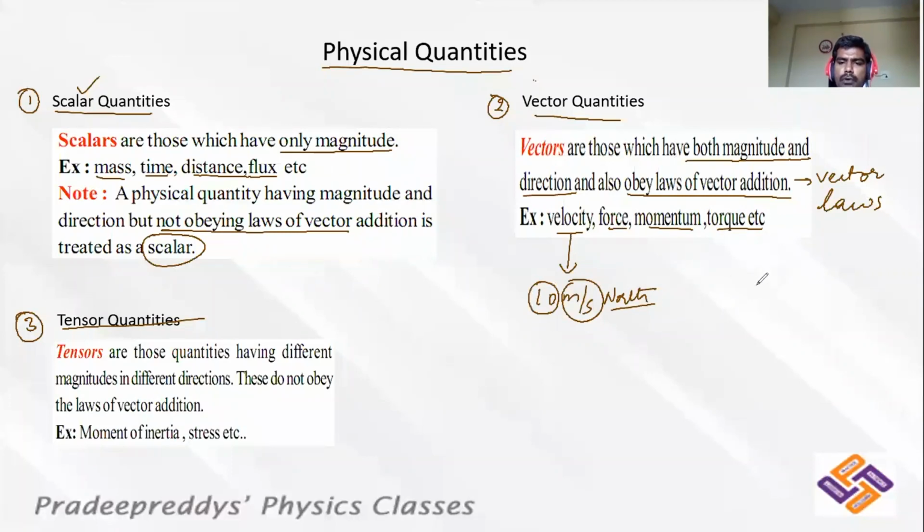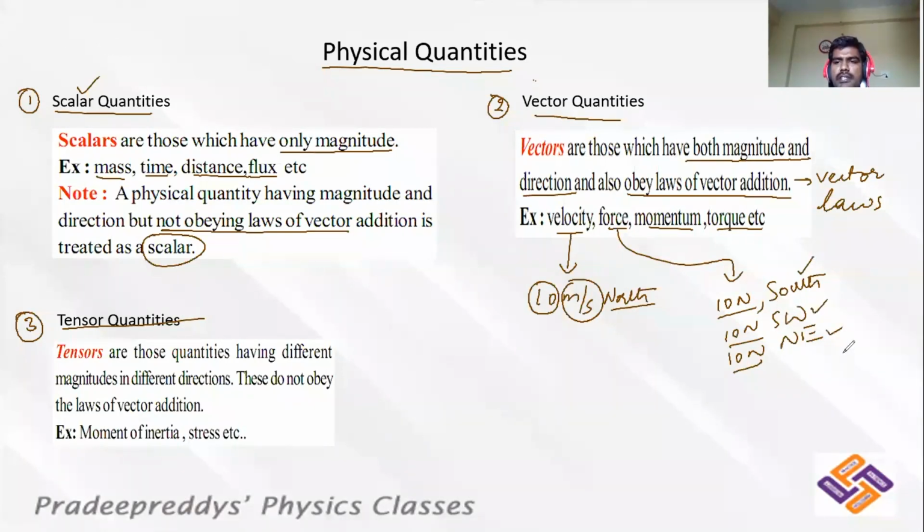Similarly, you can represent force as 10 Newton south or 10 Newton southwest, 10 Newton northeast. Magnitude is 10 Newton here, and the direction of that vector is along south or southwest or northeast. Definitely you need to mention its direction when you are representing a vector quantity, and these vector quantities should obey vector laws in order to be called vector quantities.